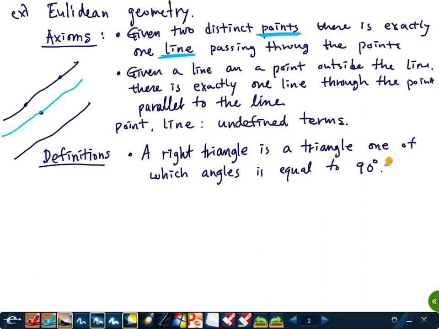So it's a right triangle like this. So we defined a right triangle using existing terms like triangle. So we need to define triangle first, but yeah, let's assume that triangle is already defined. Triangle is something that has 3 points and sides like that. And right triangle can be defined this way.